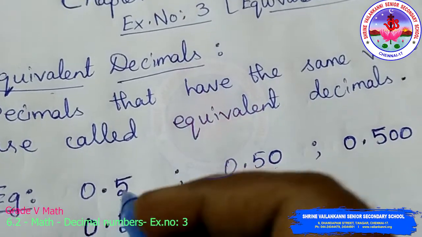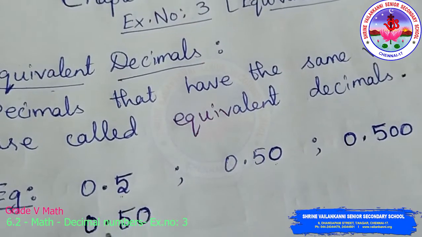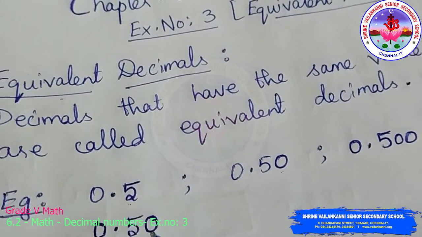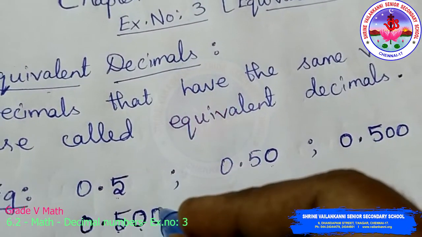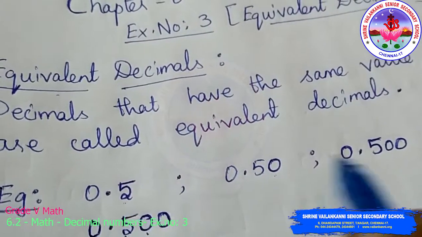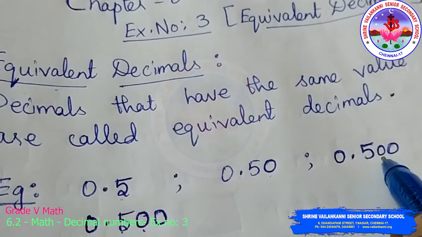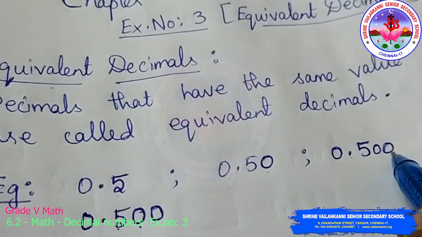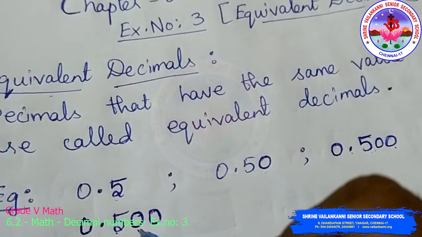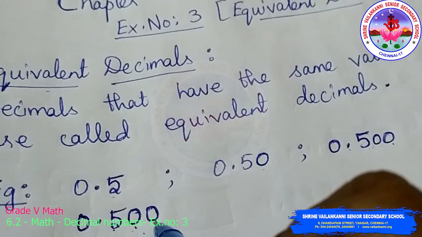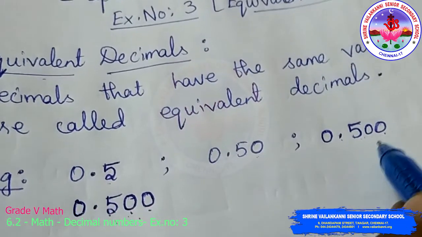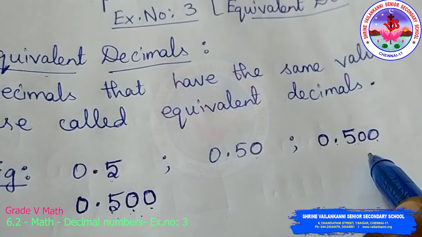See, here this 0.5 I have made like 0.50, and again I am going to add one more 0, because when you compare all the 3 numbers, the maximum is 3 digits after the decimal. To make an equivalent decimal number, I am adding 2 places of zeros, which will be equivalent to this decimal number.